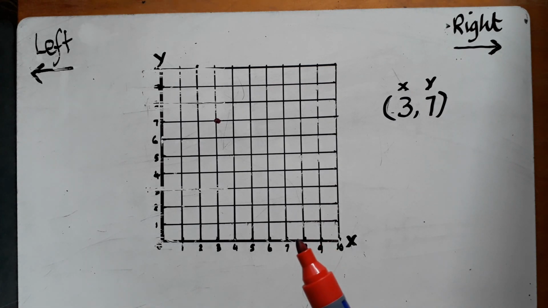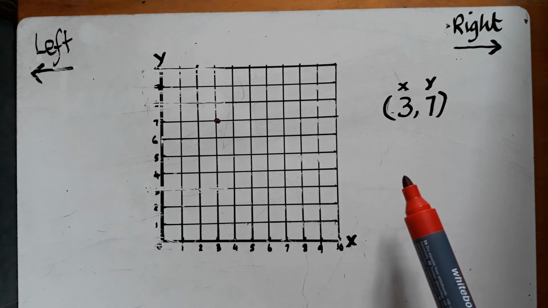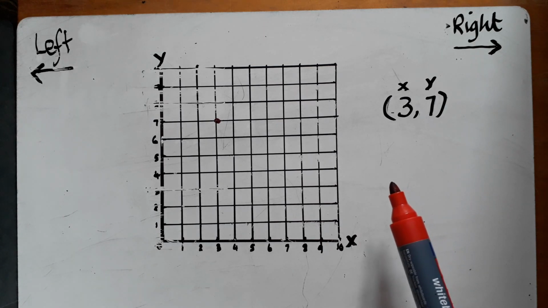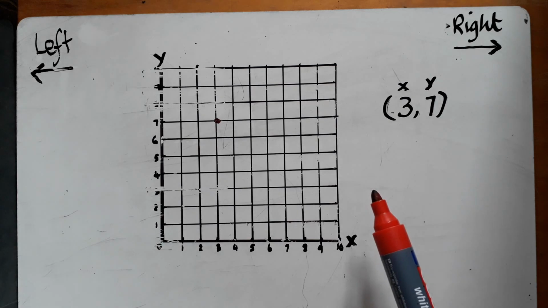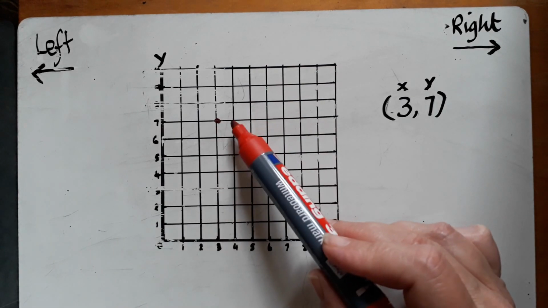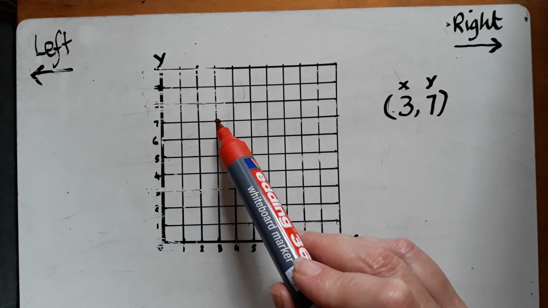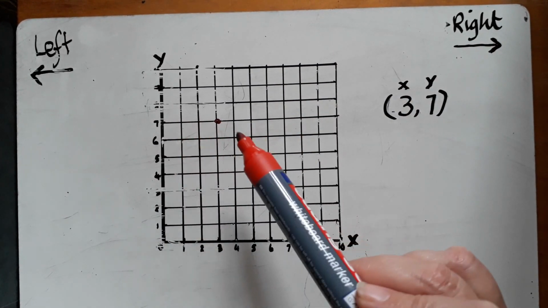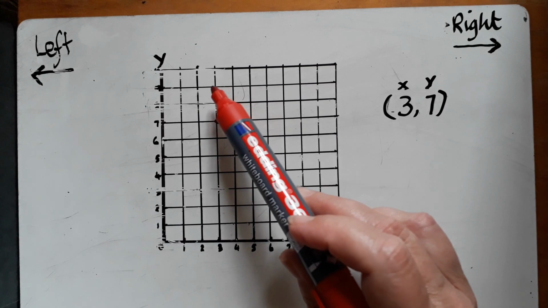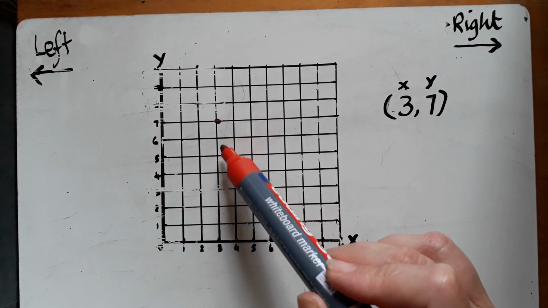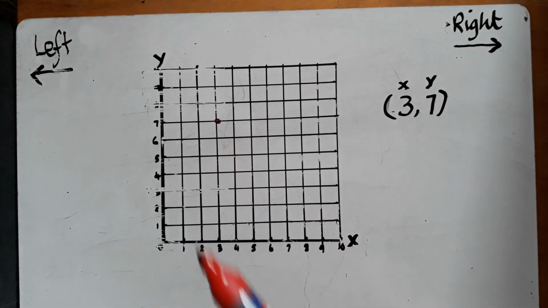So when we're thinking about this, if we're translating our point by 2 squares, it could go 2 to the right, okay, or 2 to the left, or 2 up, or 2 down. Okay, right.